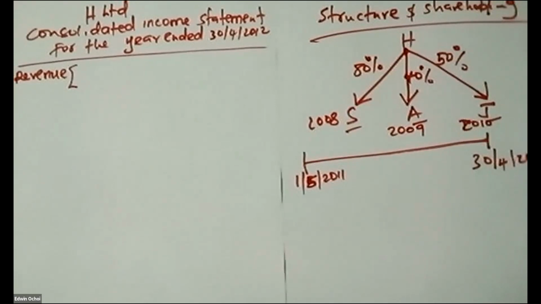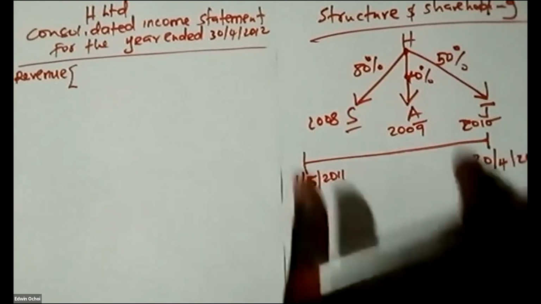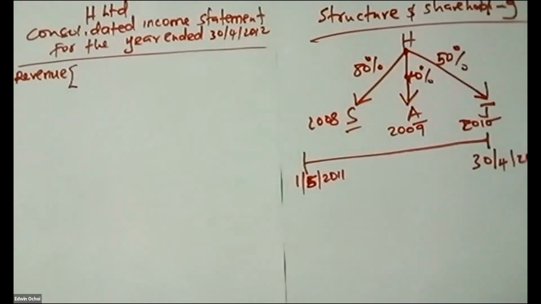So this implies that all of these entities, in the current year, were present for the entire period. Because S was acquired 1st May 2008, in a previous period, around 2 years ago, not even 3. The same with A, acquired 1st May 2009. And H acquired J on 1st May 2010. So in the current year, they were present for the entire period.